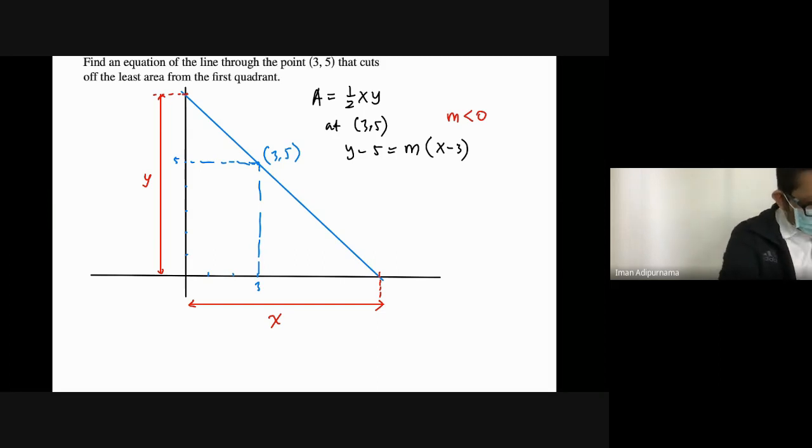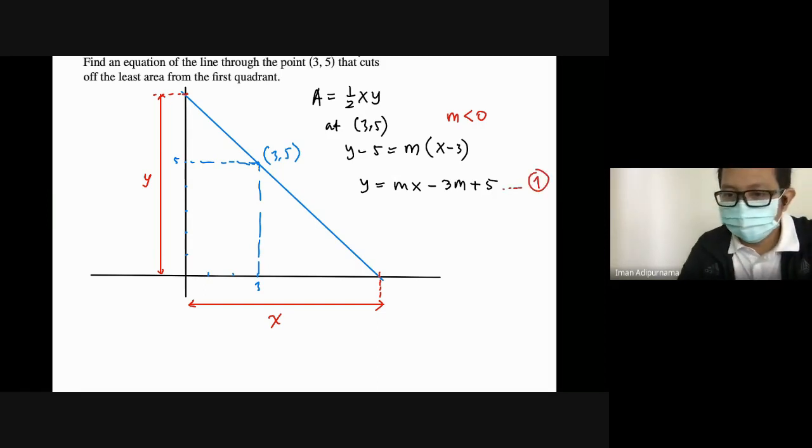It's a negative slope. Okay, at least we have now the first equation. Why this half xy? It's the area of a triangle.